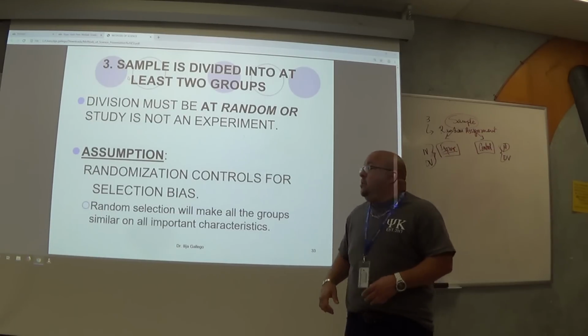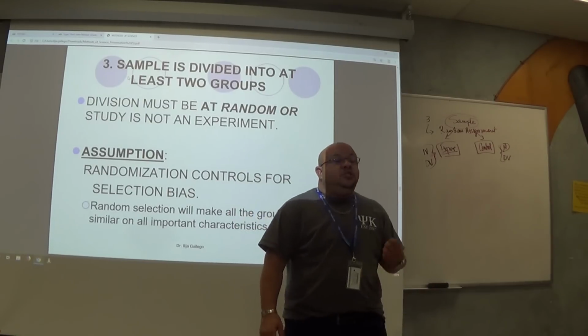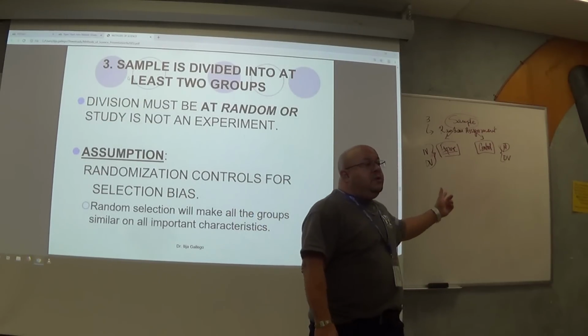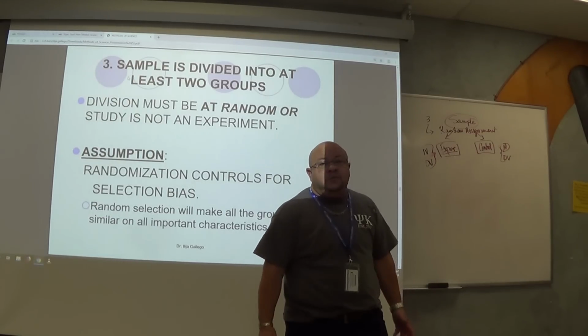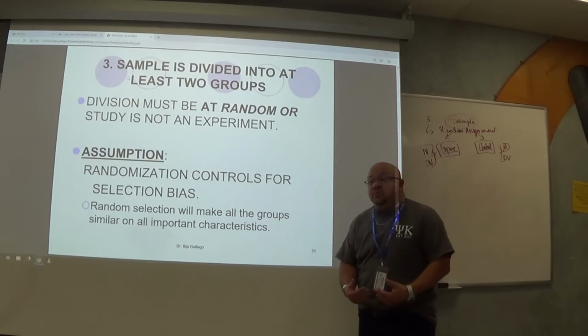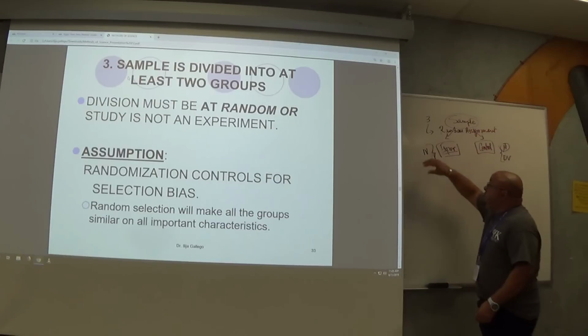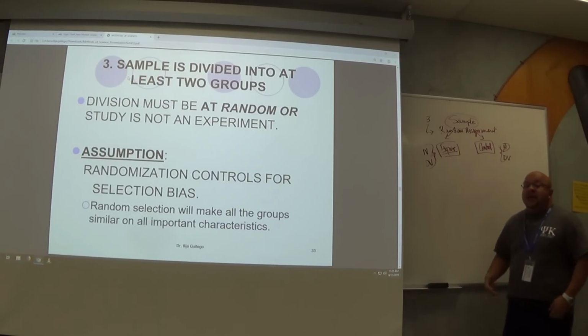So we're going to talk later about something called selection bias, and it refers to choosing people in your groups in such a way that the groups are not equal on things that might be important to the results. And we are allowed to assume when we do an experiment that because we randomly assign people into these two groups, that the groups are equal.